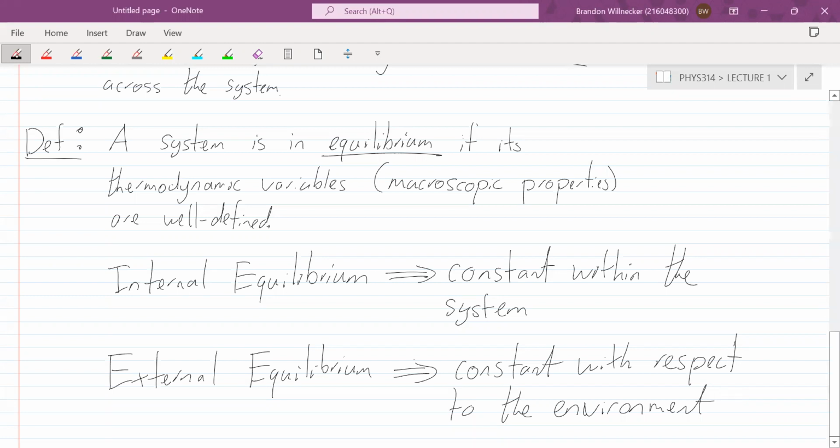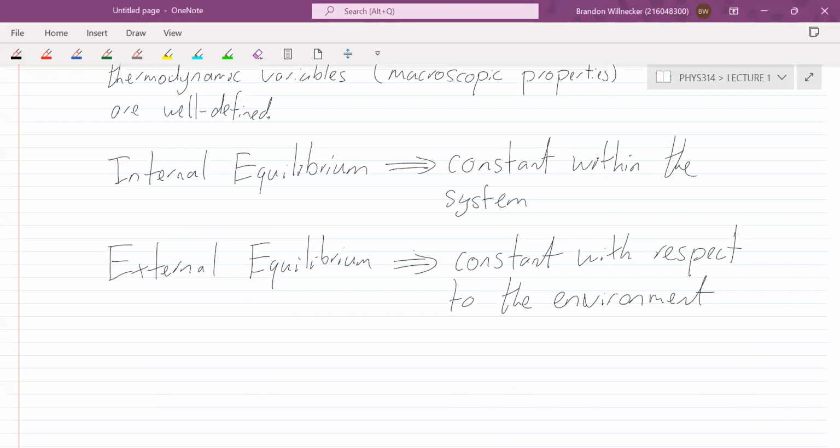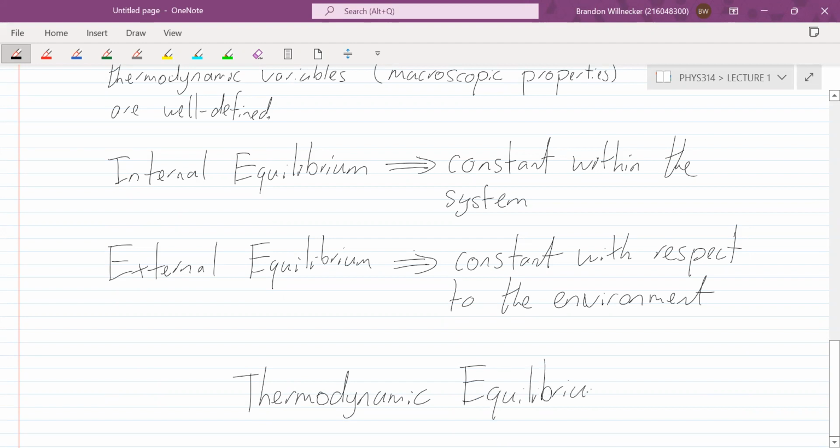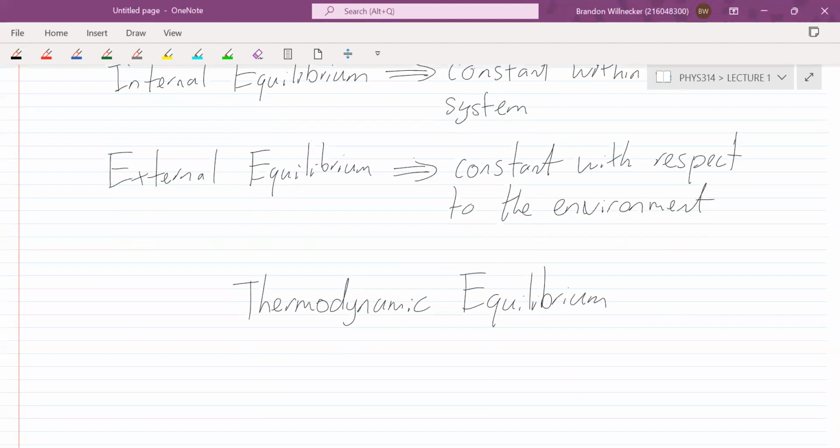Okay, and then putting this together, we have something called thermodynamic equilibrium. If you want to understand that, we can break it up into two parts.